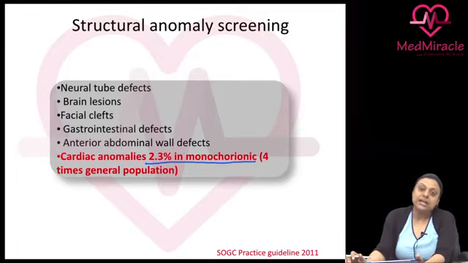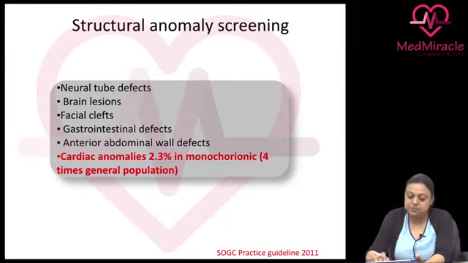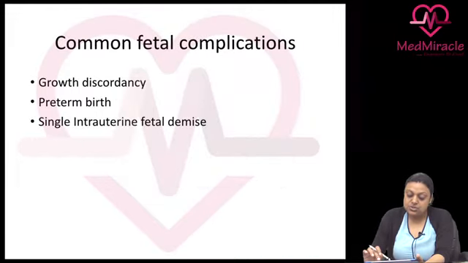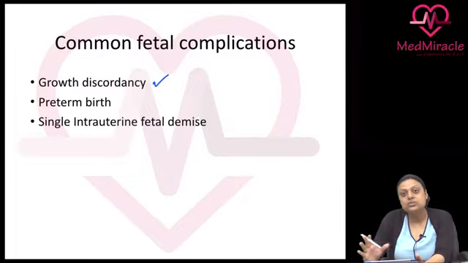So twinning per se is associated with many congenital structural malformations in the fetus. Common fetal complications in twin pregnancy are growth discordancy, preterm labor, and single intrauterine fetal demise. Growth discordancy means that both the twins are growing at different rates and one twin is exceeding the other.